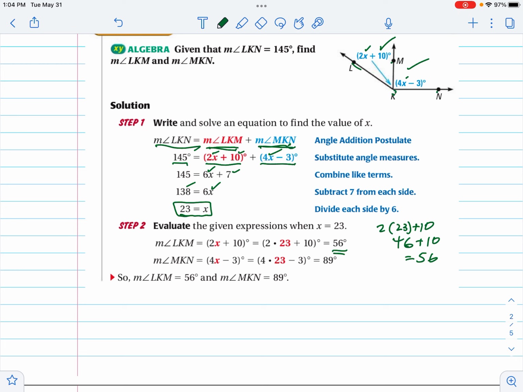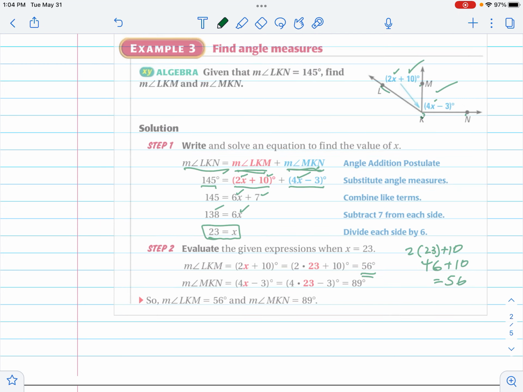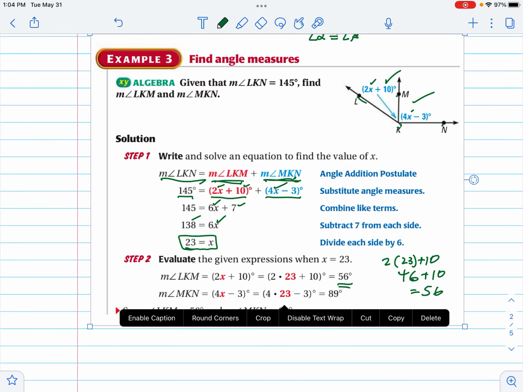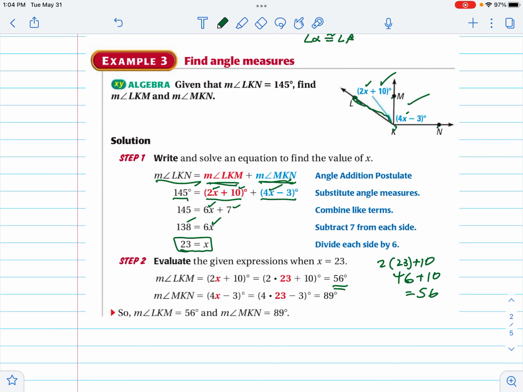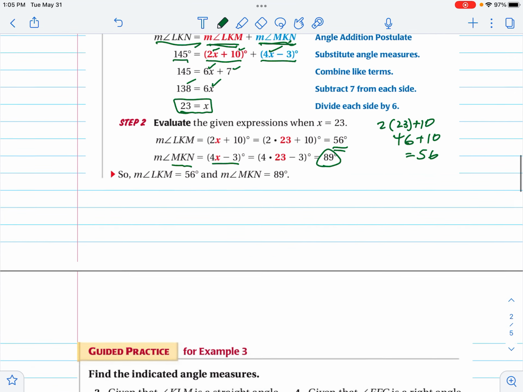So this angle LKM, that angle is 56 degrees. Now the other angle, MKN, it's 4x minus 3. Just plug in the 23 and we get 89. So this is 89 degrees here, and this over here is 56 degrees. You add 89 and 56 and you get 145.